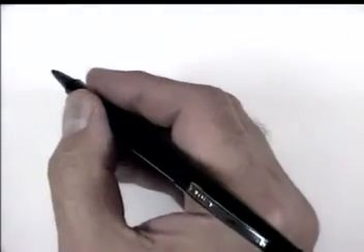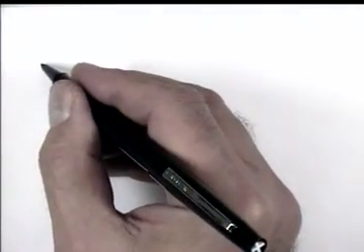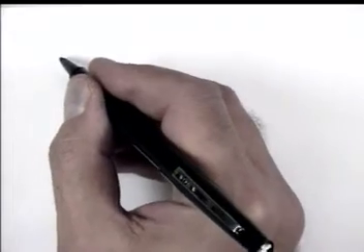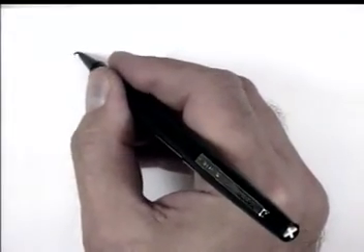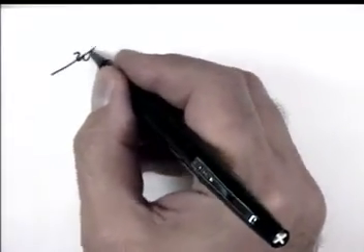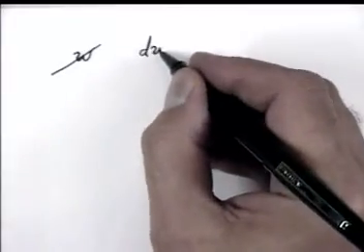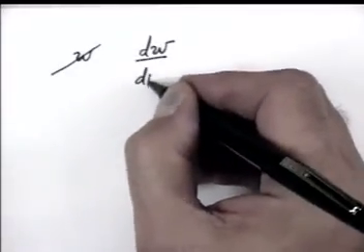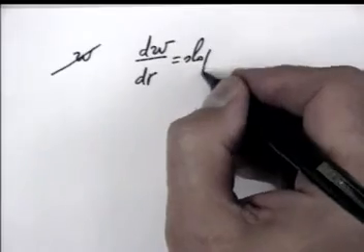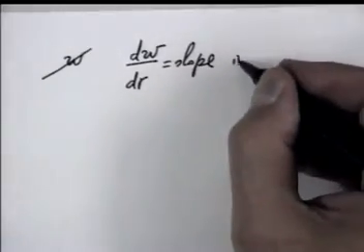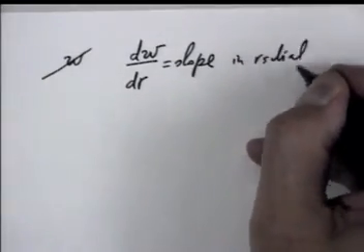Now, Timoshenko derives the following differential equation. He introduces not W, but a new variable, dW dr, which is the slope in the radial direction.